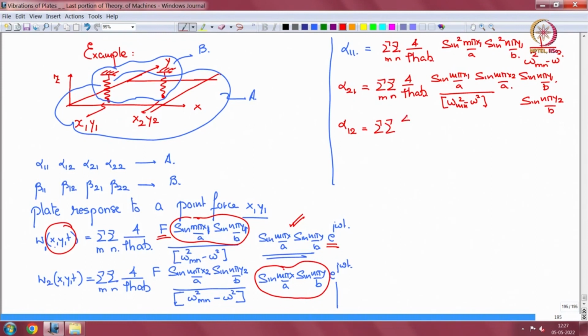Okay, so 4 by rho h a b sine m pi x2 by a sine m pi x1 by a sine n pi y2 by b sine n pi y1 by b, divided by omega mn square minus omega square. So these two are equal. So alpha ij is equal to alpha ji. This is Maxwell's reciprocity.